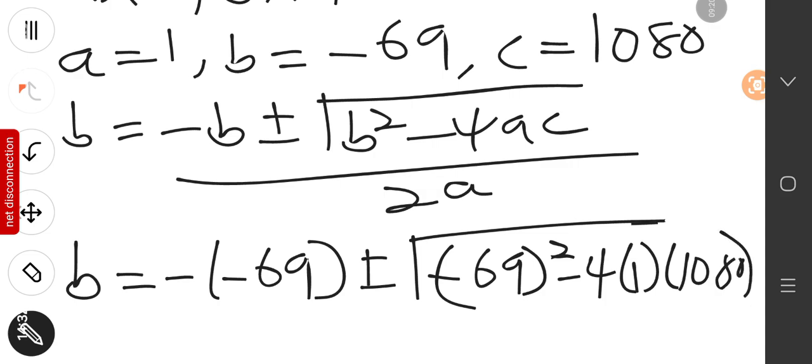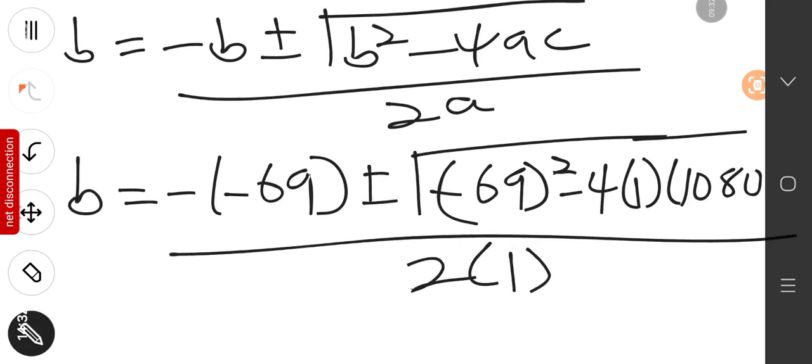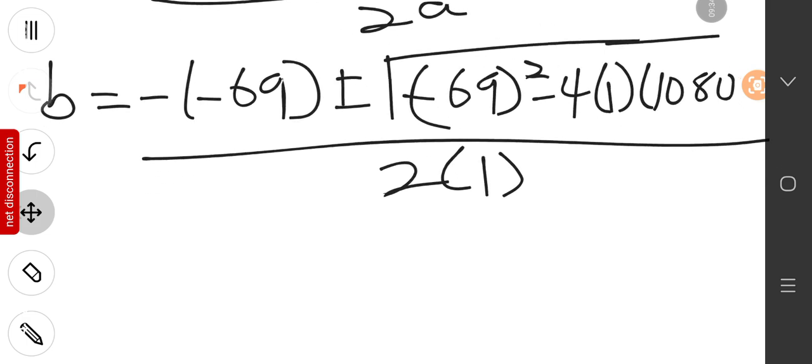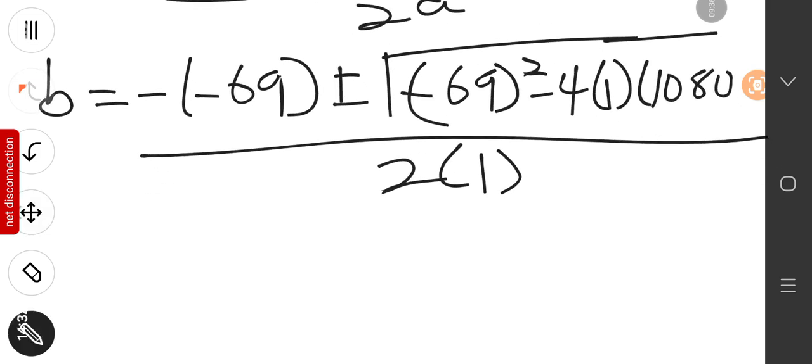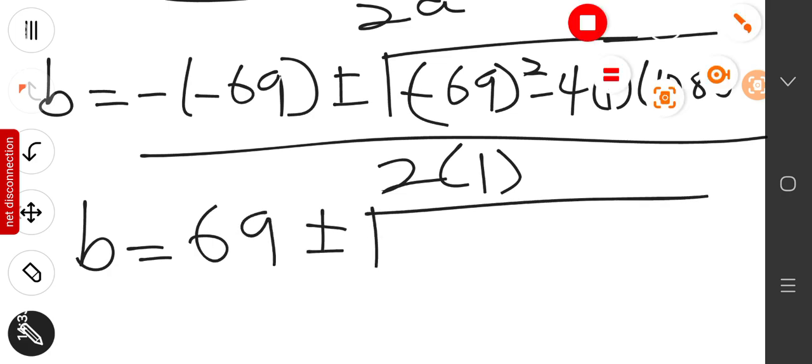multiplying 4 times 1 times 1080, so here is 1080, all over 2 times 1. So our equation becomes b equals 69 plus or minus the square root of 69 squared.